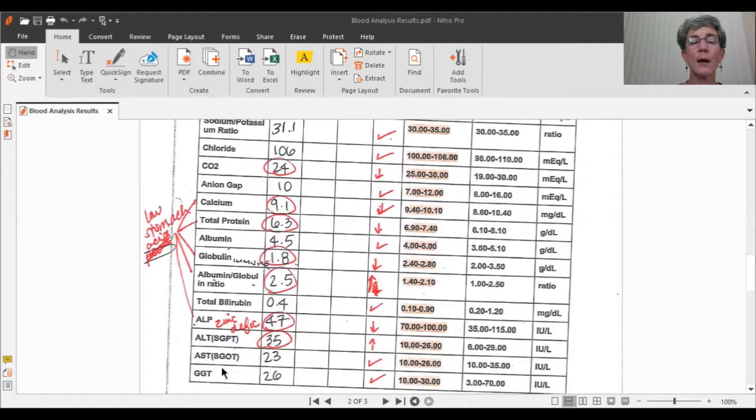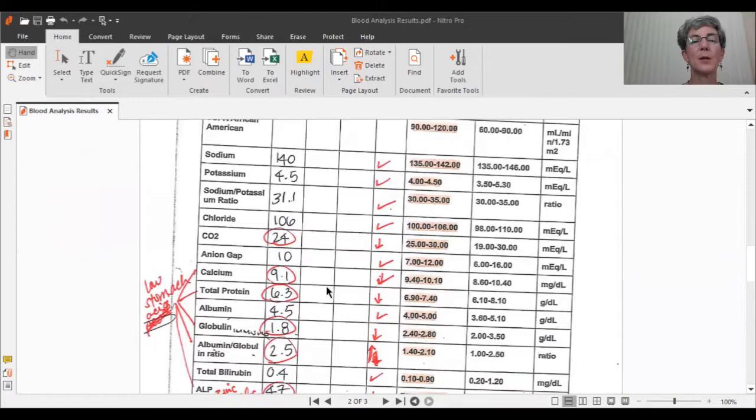If your numbers are high enough in the GGT, the AST, and the ALT, I may ask you to go ahead and do a liver ultrasound, because I want to make sure that there's no liver tumors or no lesions in the liver that would suggest there's something more serious going on that we need to address. The alkaline phosphatase, if it's below 70, typically suggests some zinc deficiency or some vitamin C deficiency. So we address this separately with the gut section.